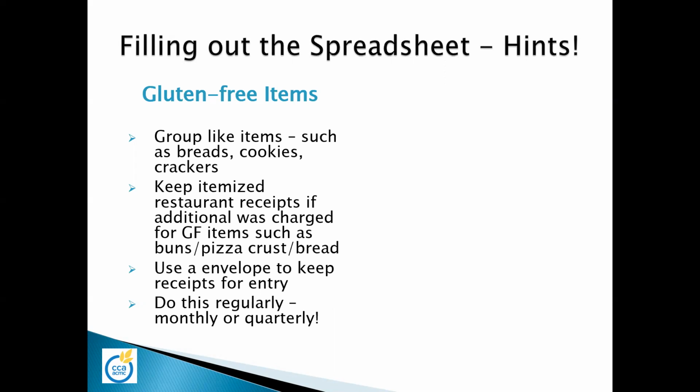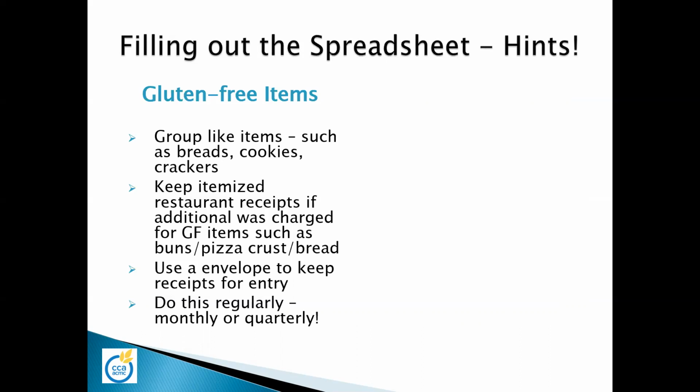I just go down the grocery bill and put G's on the items that are gluten-free because not all grocery bills actually say gluten-free item, gluten-free item, gluten-free item. But I know after we've gone grocery shopping which items are labeled gluten-free, and I just annotate that on the bill. After I've done that, I enter them on my spreadsheet, which I'll show you in just a minute.